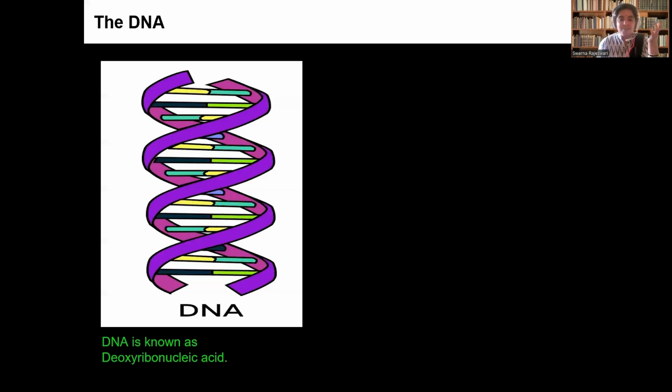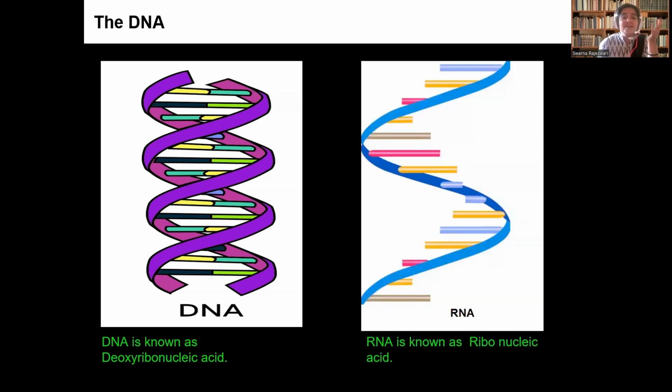So coming to the DNA. DNA is deoxyribonucleic acid, and the structure of DNA is double helical in nature, meaning there are two strands which are coiled in a helical fashion over one another. This is the outer structure of DNA, and RNA mainly consists of a single strand.